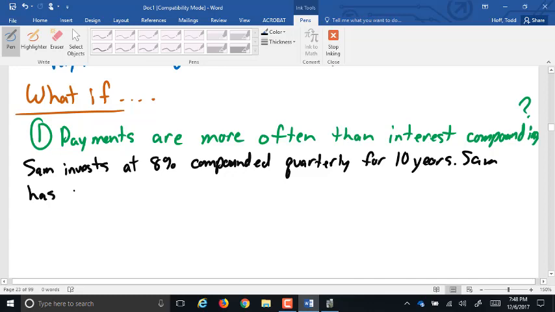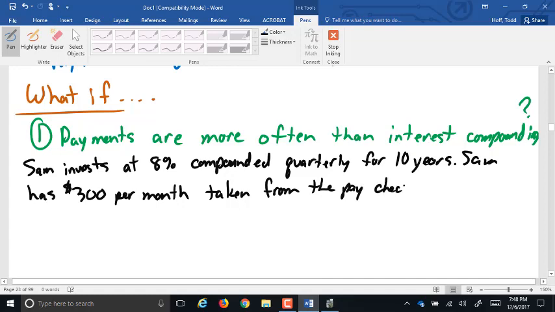Sam has $300 per month taken from the paycheck. Find the future value.